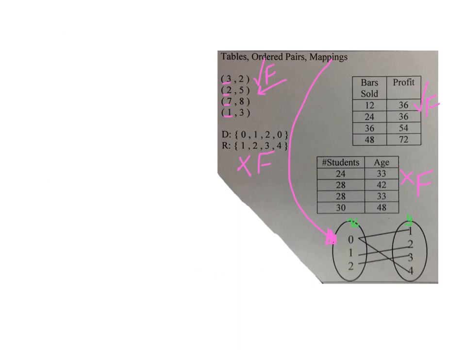The Y values are on the right, or also called the output. So if I follow my rule, this 0 maps to 1, which would create the ordered pair 0, 1, but it also maps to 4, which would create the ordered pair 0, 4. Therefore, this would not be a function.